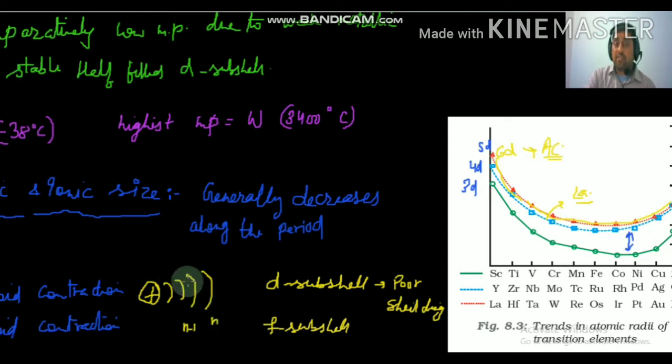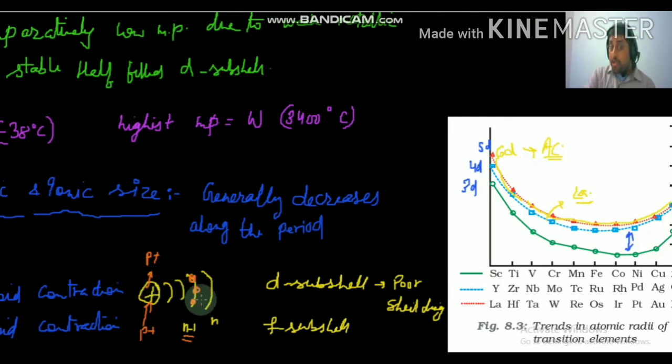As we proceed further, electrons are added in the d subshell, which is always penultimate, that is n minus 1. As electrons are added progressively in the d subshell, more and more protons are added in the nucleus as well, so the nucleus becomes stronger and the positive charge increases.